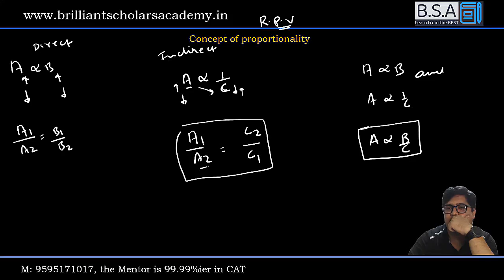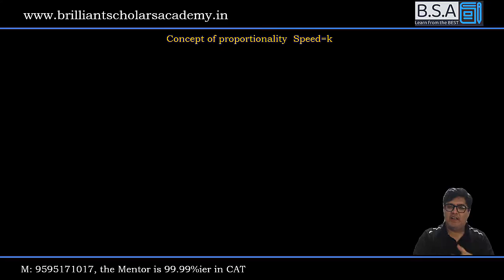Very good. Now, how does all of this relate to time, speed, distance? If I say somebody is traveling at a fixed speed, speed has been kept fixed. Let us say speed is 60 km/h.